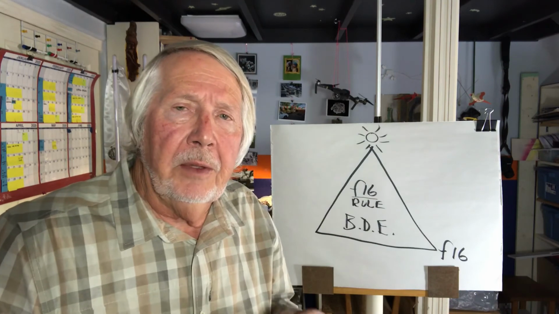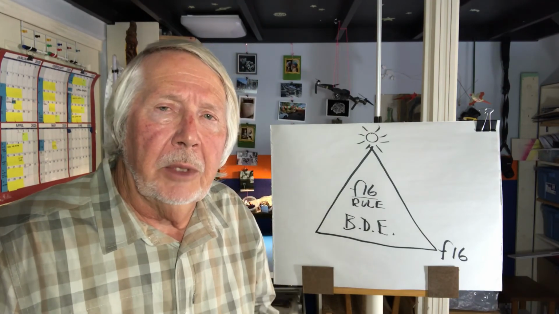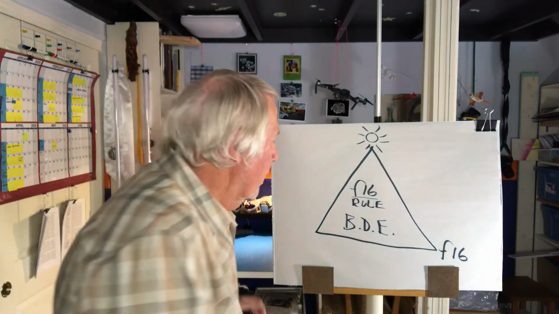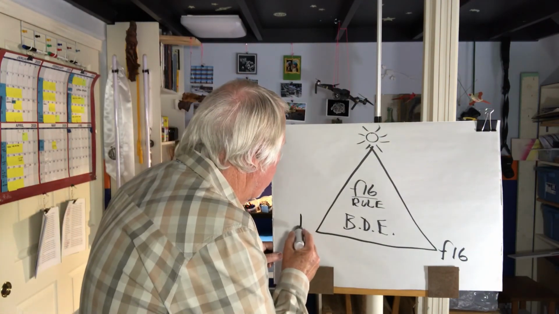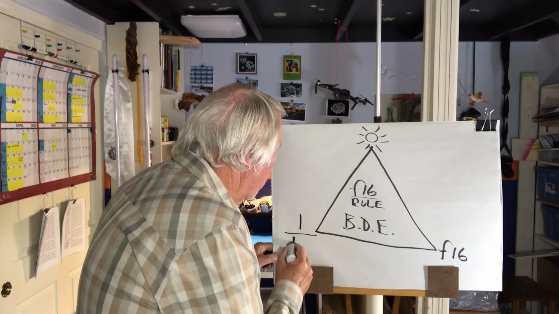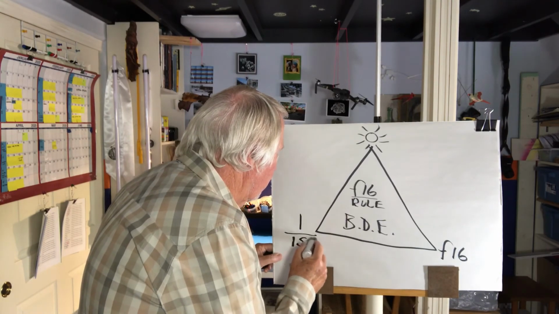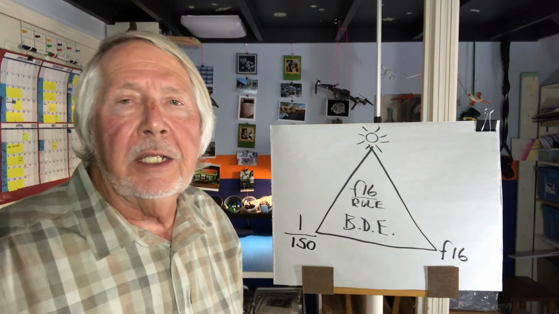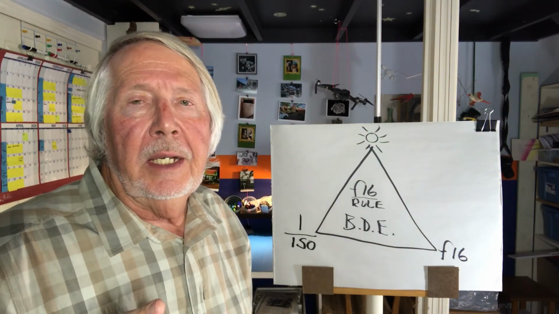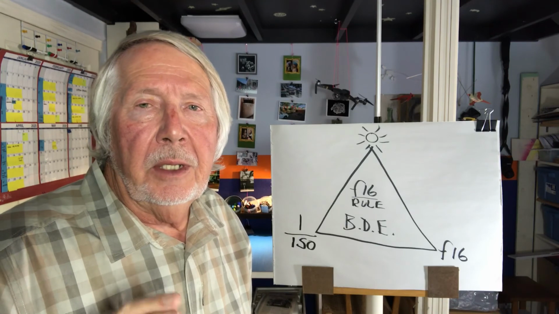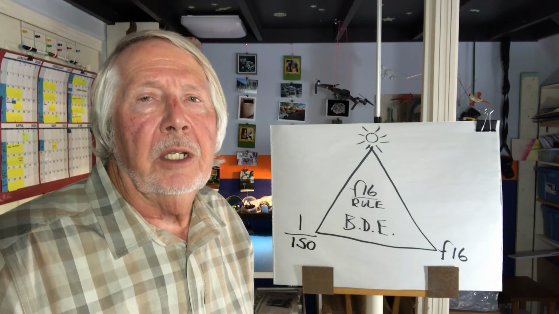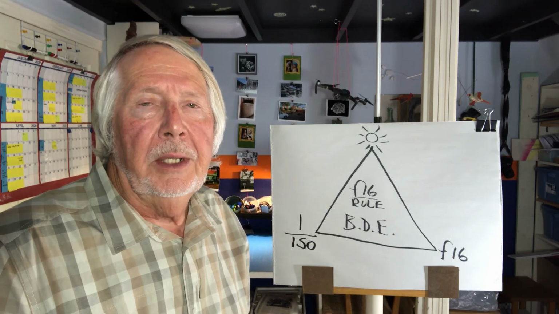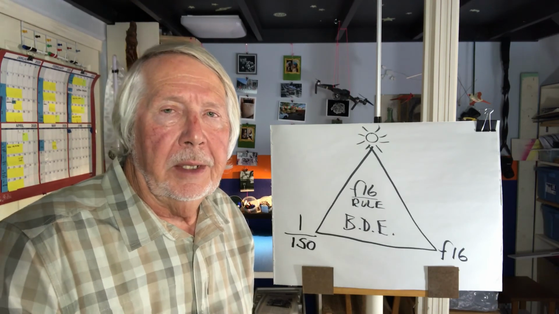Okay, so if you know that ISO number, then you write it as a fraction. So it's 1 over the ISO of either the film or the camera that you took off of auto ISO and you locked it down on a number like 200 or 400.